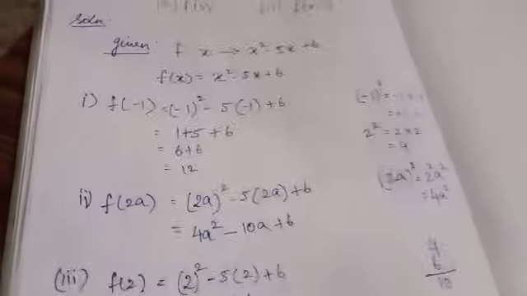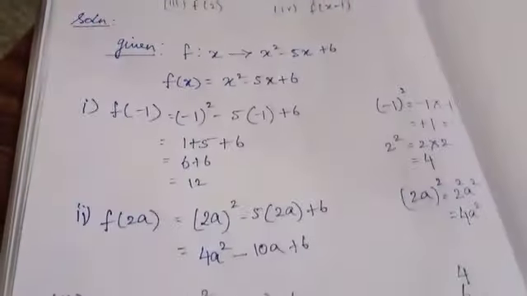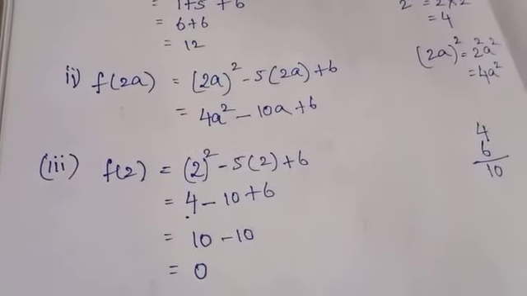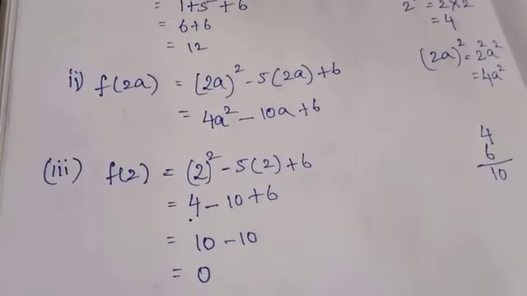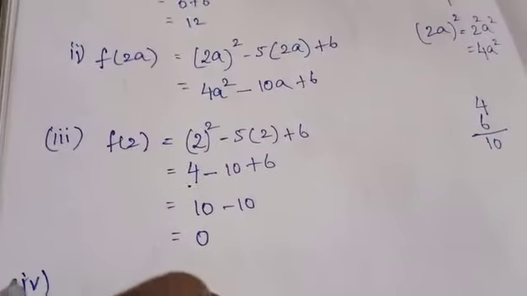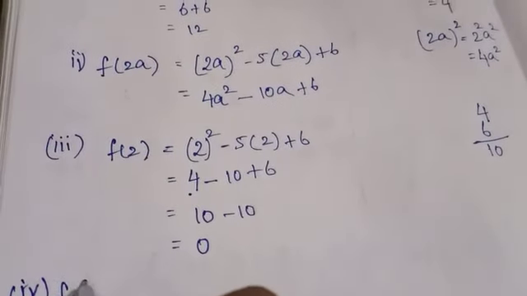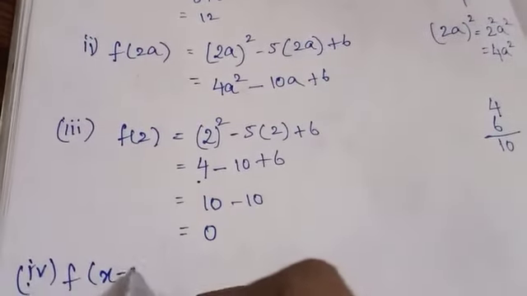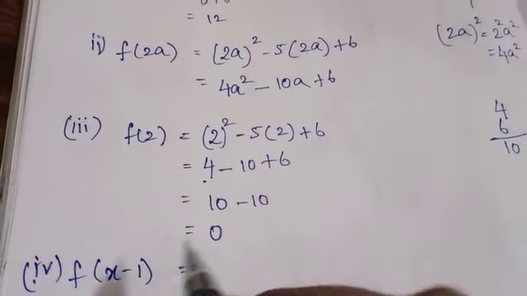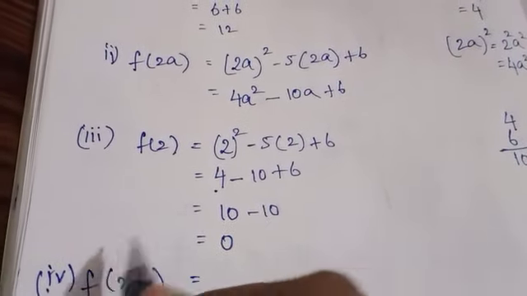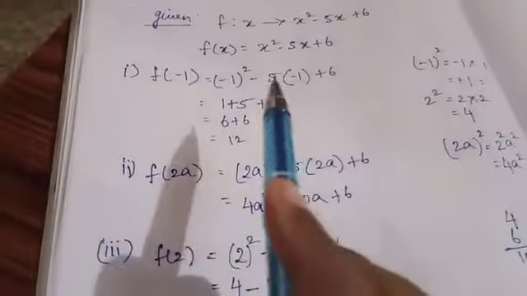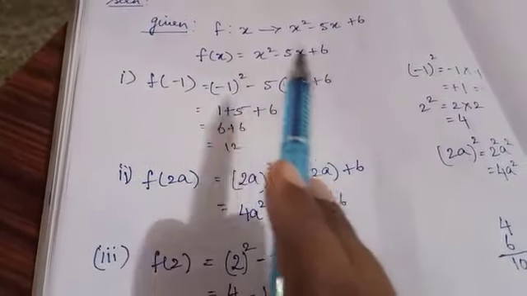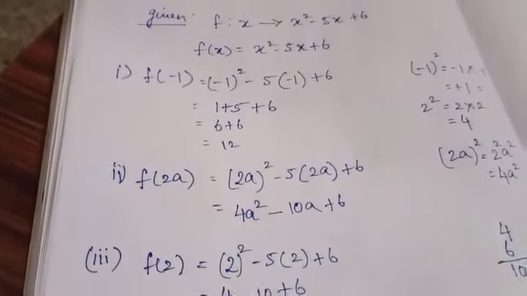So our last subdivision, the fourth subdivision, is f of x minus 1. So in the place of x we have x minus 1. In this equation I am going to substitute x minus 1.